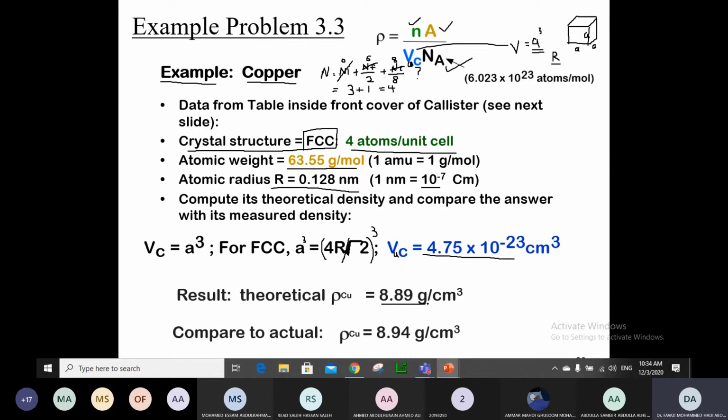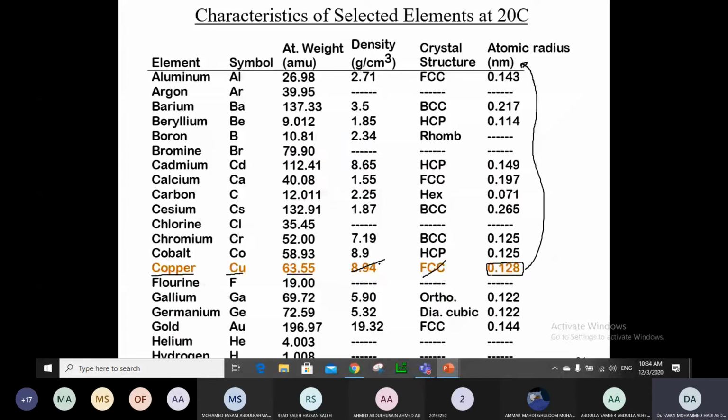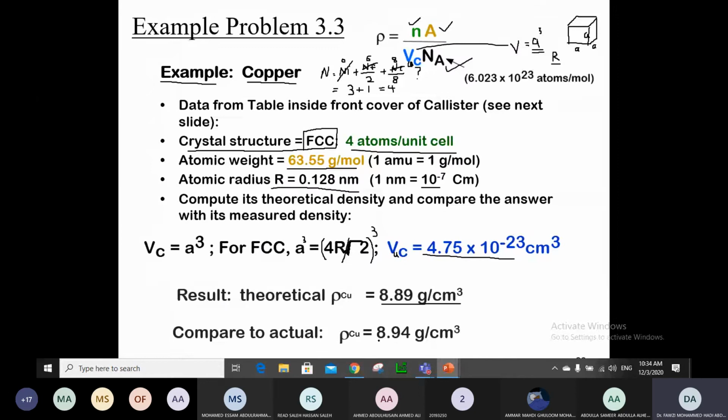What you are going to get is 8.89 grams per centimeter cubed. If you compare it to the experimental value, which we are putting here, you will see a very negligible difference between the two.